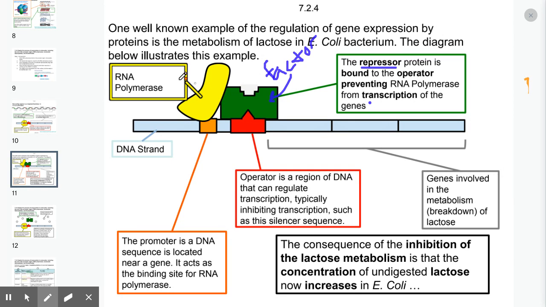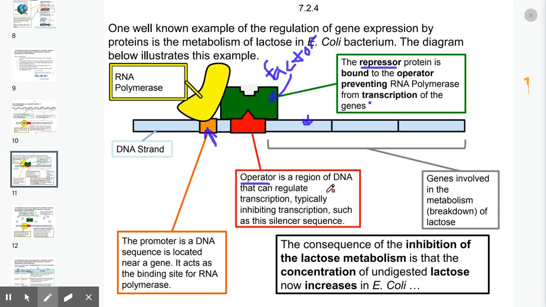So this is an inhibitor. Now this RNA polymerase is like, I'm connected to this promoter region, but I can't move because I've got this big green blob in my way, this transcription factor, and I can't read the code. This code is right here, and I can't read the genetic code and make my messenger RNA. The transcription factor is like, sorry man, I've got this beautiful binding site that connects perfectly to this operator on our DNA, and I'm not moving unless I get some information that I should.